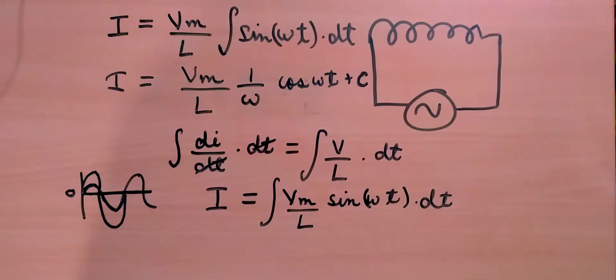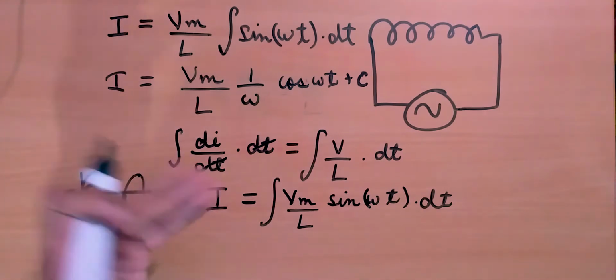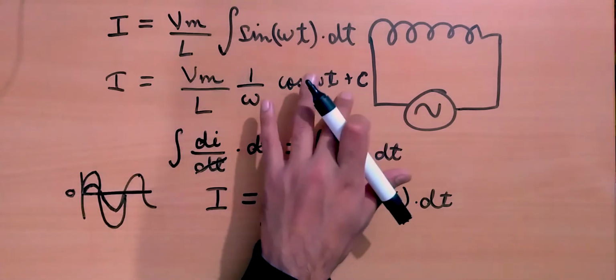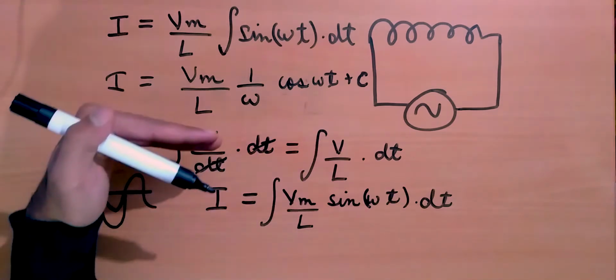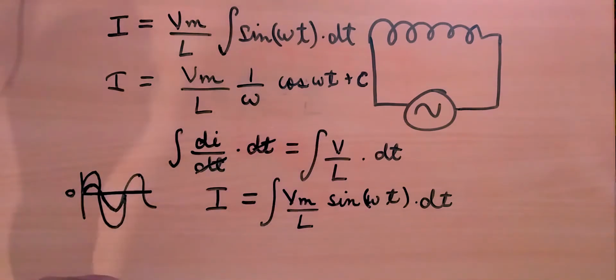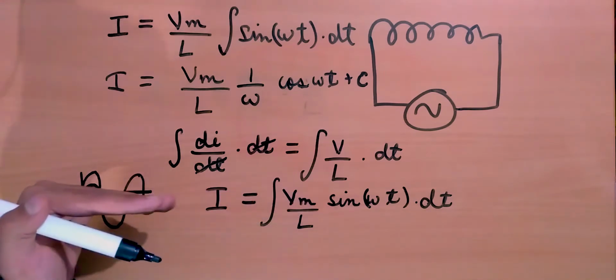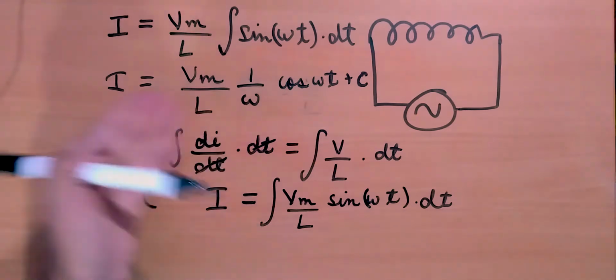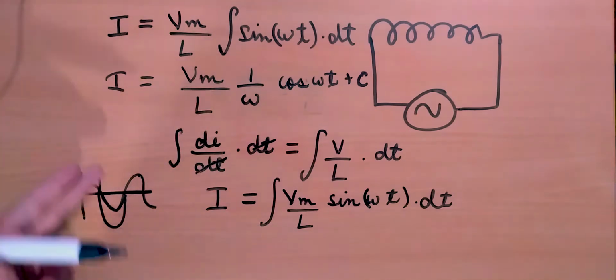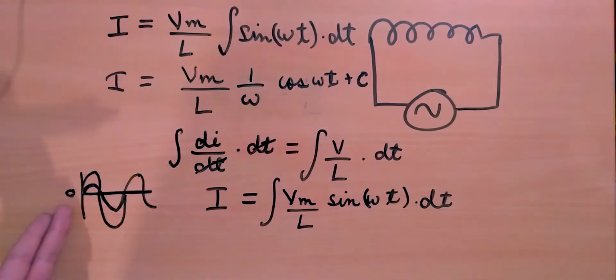That seems intuitive. And if you think about what this plus c does, what does this constant do? This constant actually shifts your graph up or down, and we don't want to shift our graph either up or down, because we want our current to oscillate about the mean value of 0.